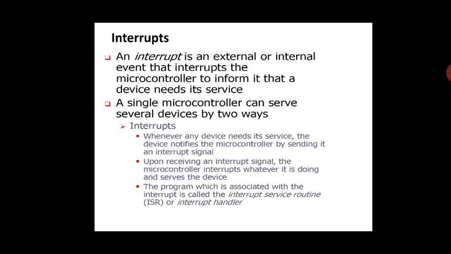When it is giving service to the interrupting device, it means the 8051 is in ISR mode, that is, interrupt service routine mode, which means it is handling the interrupt. I hope the concept of interrupt service routine is clear. It means it is giving a service to the device. When will it give the service? Whenever the device has raised the signal. That raised signal we call an interrupt.